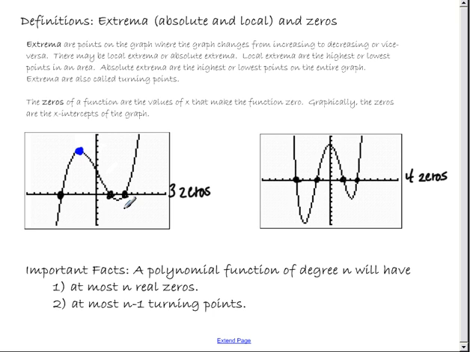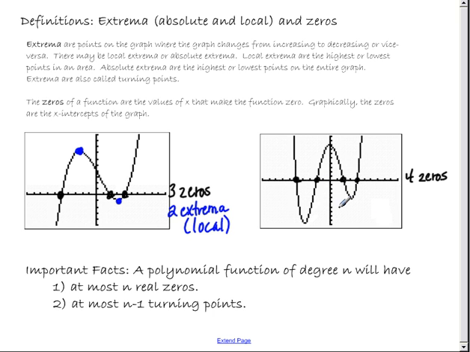Here's a turning point and a turning point, or we can talk about extrema. There's 2 extrema. And these are what we call local extrema, because they're kind of a peak or valley, but they're not the highest or lowest point on the entire graph, but they are a peak or valley in an area of points.